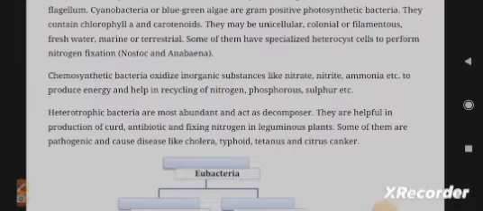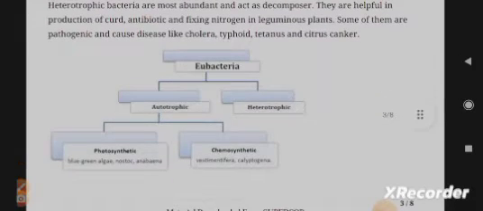Search it. Eubacteria have two types, autotrophic and heterotrophic, just like animals, meaning living organisms.